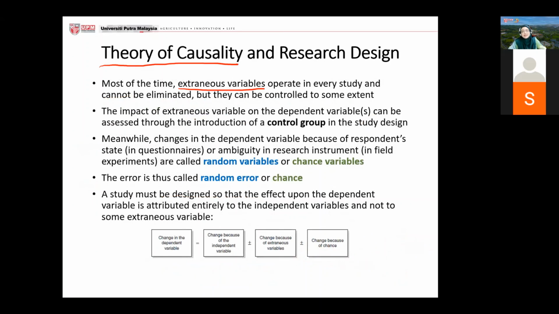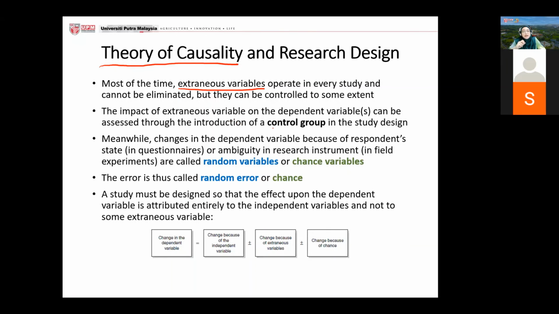So that is what this theory of causality is about. When we do a study, we want to at least be able to quantify this extraneous variable. At least we have an idea.